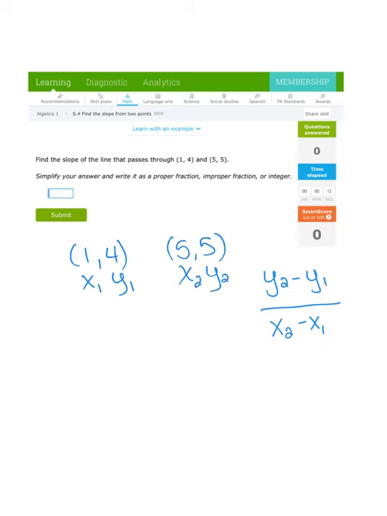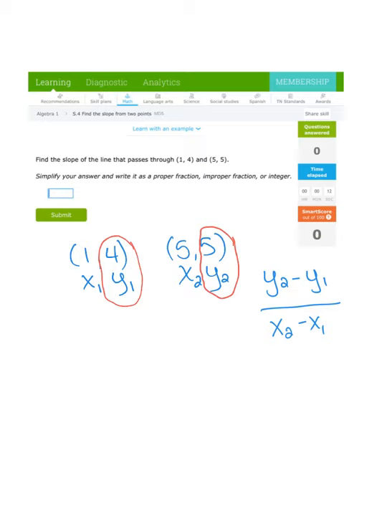Now I literally just replace the information in my formula. My y sub 2 is going to be this one here. My y sub 1 is going to be this one here.